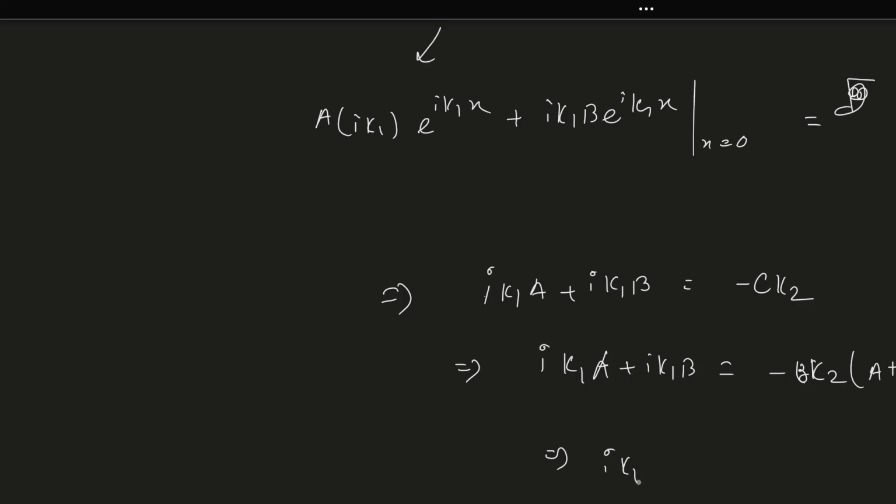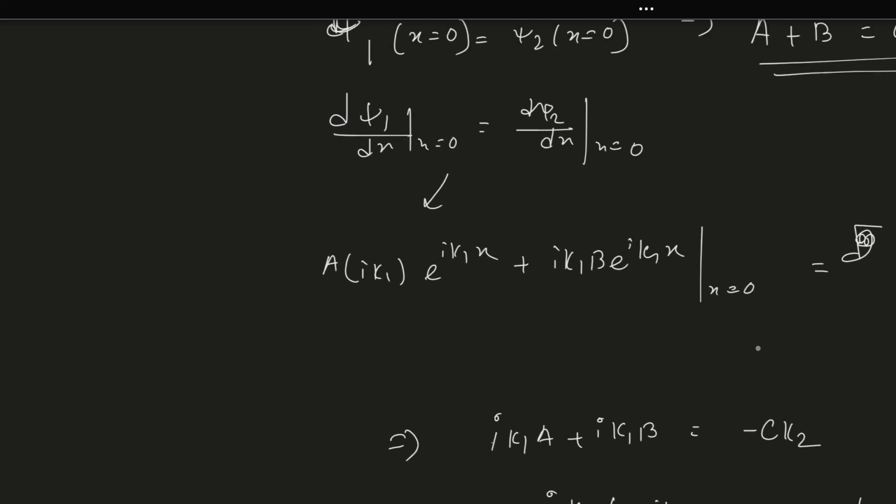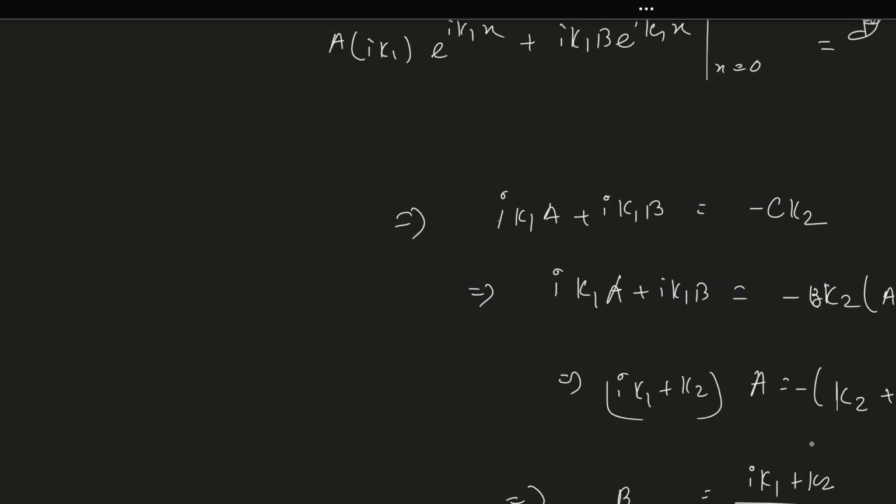So you take one side: (i k1 plus k2) A equal to (minus k2 plus i k1) B. So B by A equals (i k1 plus k2) divided by (minus k2 plus i k1). So this is giving you minus 1.